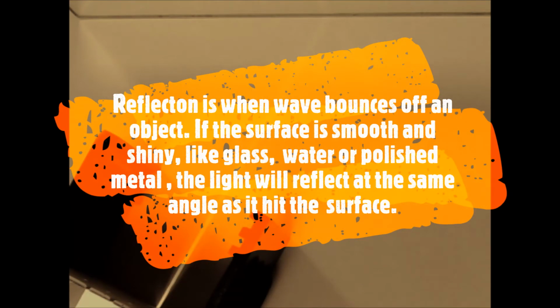So the first thing, you have your light source and your mirror. You shine the light into the mirror and you see the reflection. When you're doing your reflection experiment, you must draw your mirror line. So this is our mirror line. We have our dotted line, which is our normal, and it's just an imaginary line from which all our angles are measured.